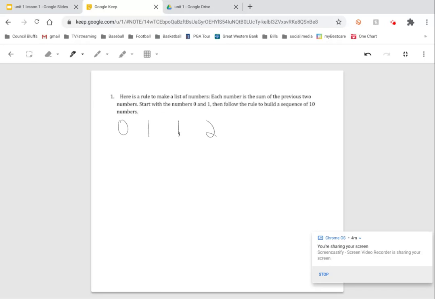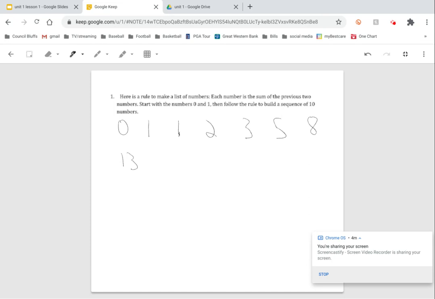So the fifth term is going to be 1 plus 2, so that's 3. The sixth term is going to be 2 plus 3. The seventh term is going to be 3 plus 5. And 1, 2, 3, 4, 5, 6, 7, so we need 3 more. The eighth term is going to be 8 plus 5.